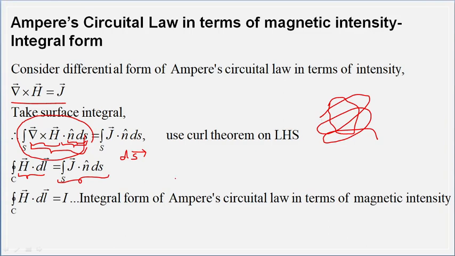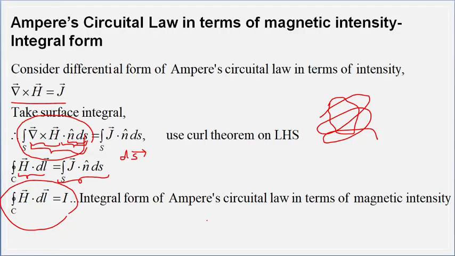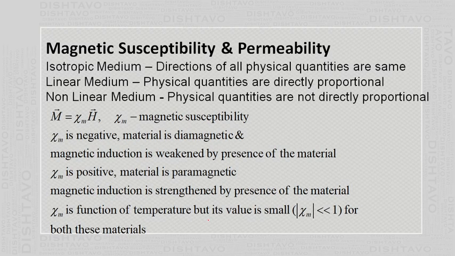So now this is the integral form of Ampere's circuital law in terms of magnetic intensity. So we have seen two things here. One is Ampere's circuital law in the integral form. The other is Ampere's circuital law in the differential form.